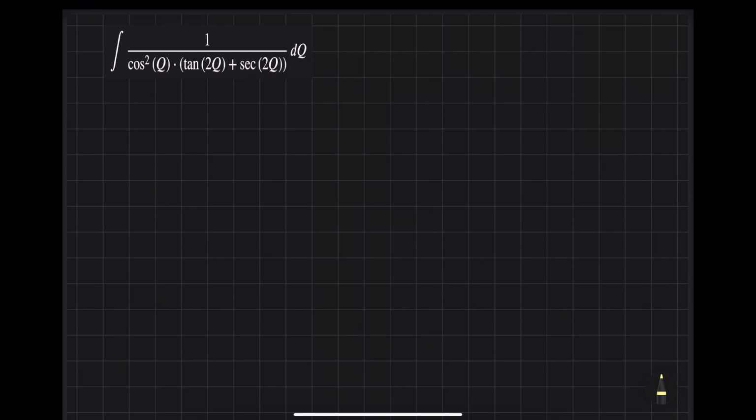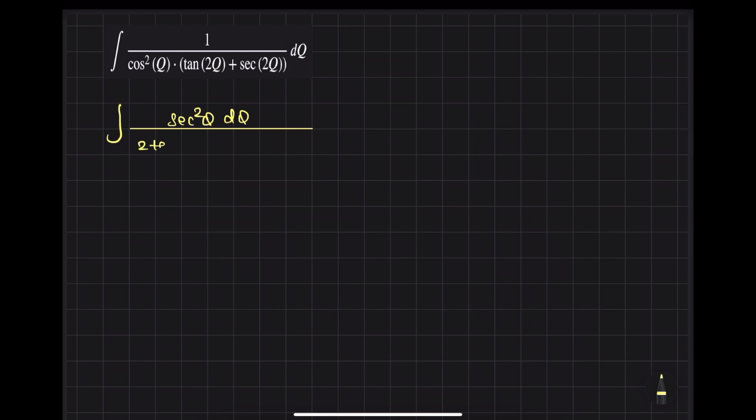So can I replace this cos square theta as 1 by sec square theta? So it is sec square theta d theta. Correct? Now can you apply the formula of tan 2 theta?